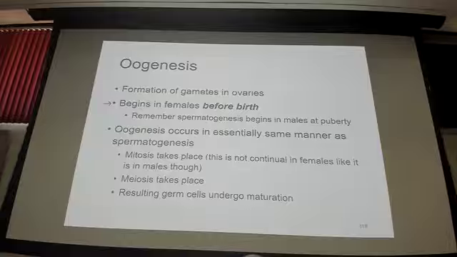That's not necessarily the case here. This begins in gestation. So when your patient is still in utero, that's when she will start to develop the eggs that she will have to utilize for the entirety of her life, right? Female reproduction ends at menopause.